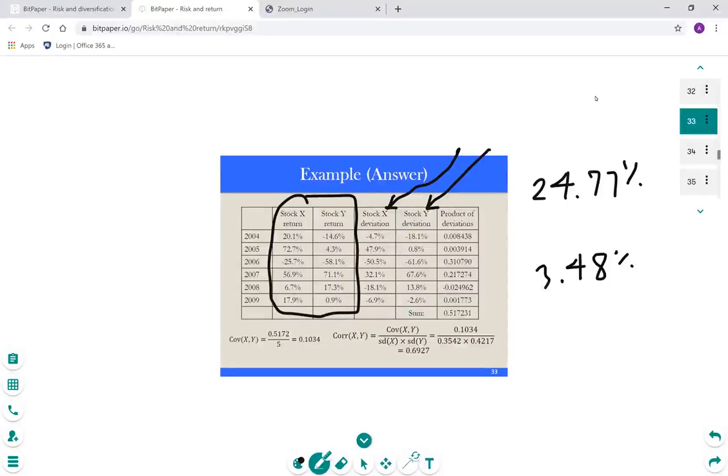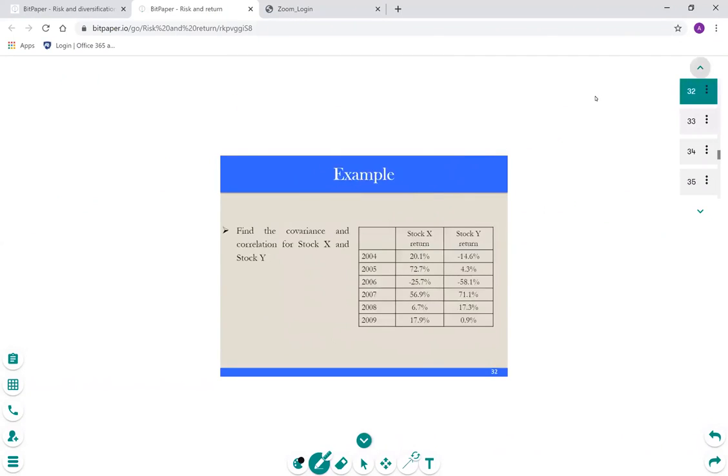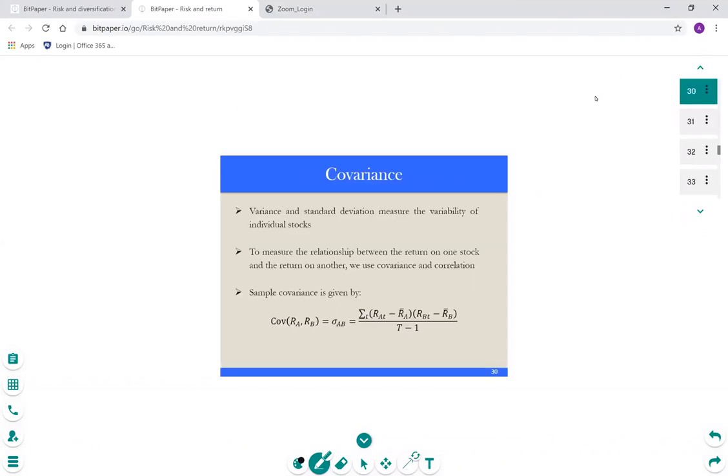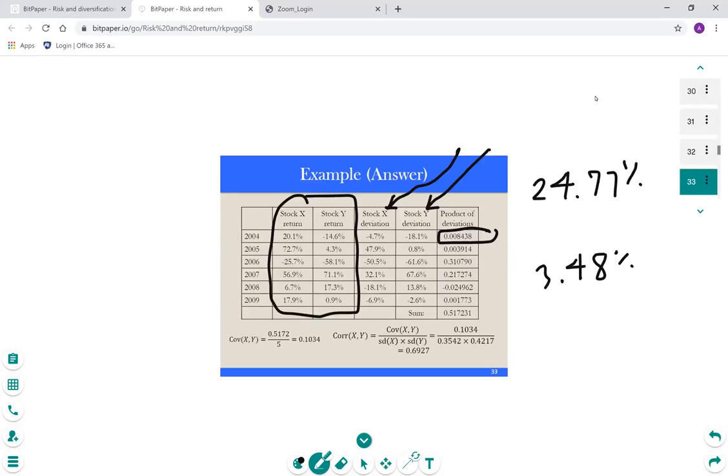And those values are computed for both stock X and Y, and then those are multiplied together to get the product, and then that product is summed up just how it says to do right here. And so if you just apply that formula, that will give you the result that we have here for the covariance.